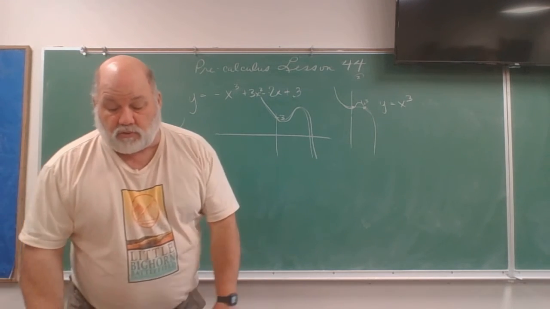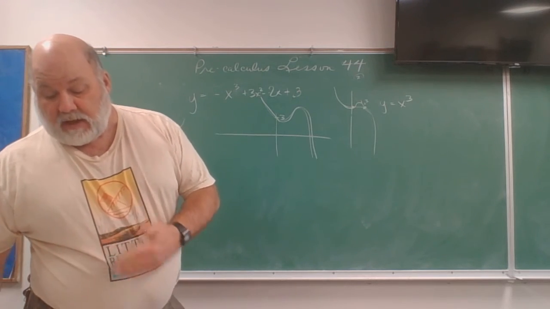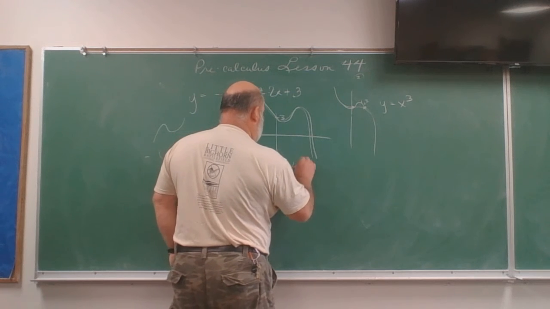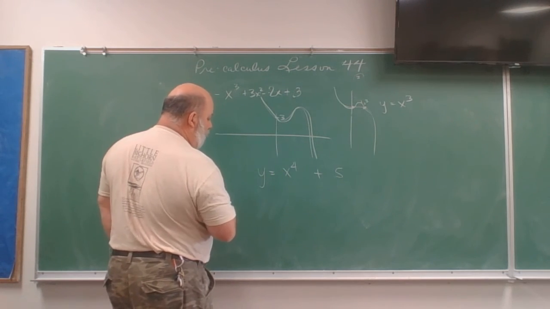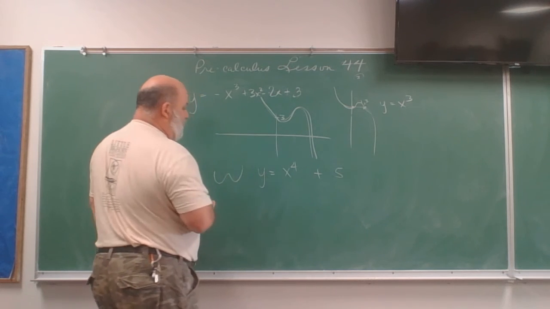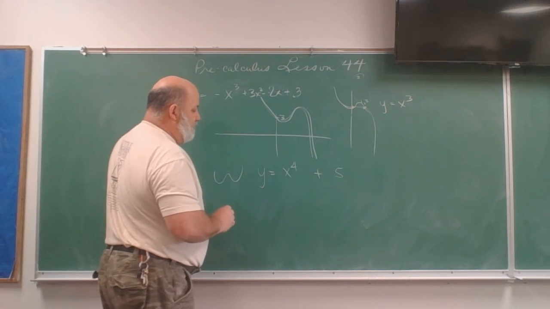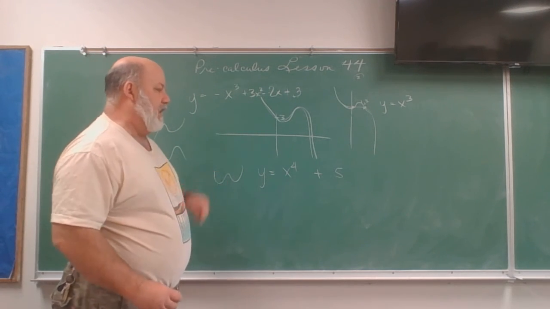At the top of page 227, it says make a rough sketch of y equals x to the fourth, and all this down the line, plus 5. Again, because it's x to the fourth, I know it's going to look basically like this. It has to cross the y-axis at positive 5. It cannot be the first one there.